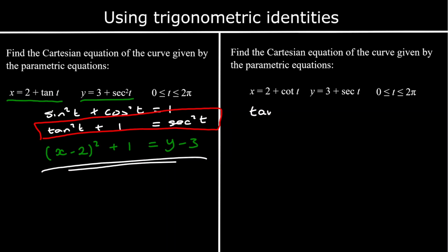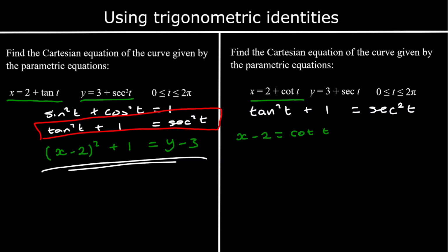So we're going to start with tan squared t plus 1 equals sec squared t. Now it's not obvious how to get tan, but remember cot is the reciprocal of tan. So for our x equation, x minus 2 is cot t.